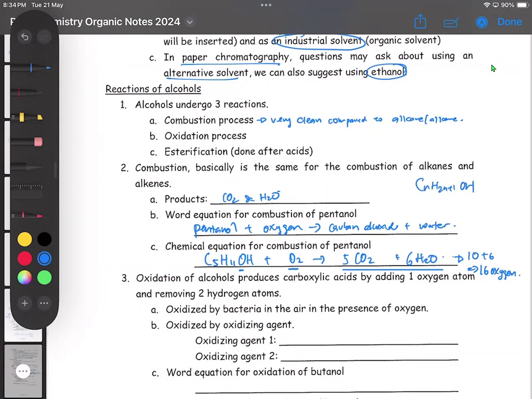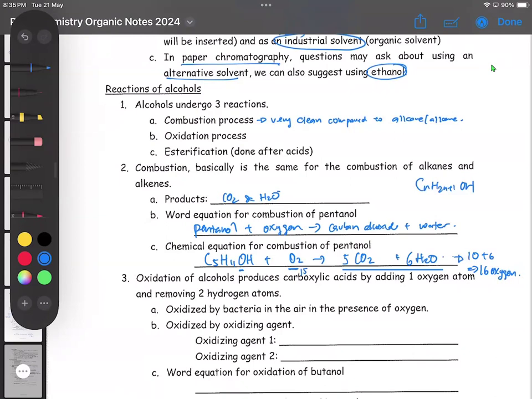To balance the left-hand side, because of the O in the alcohol, I will just need 15 oxygen over here.